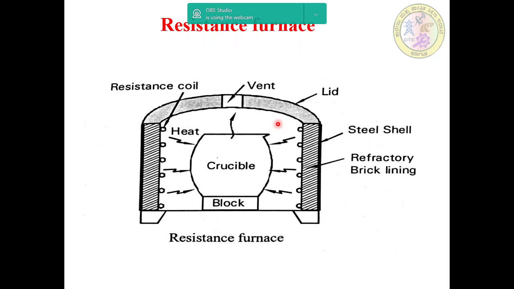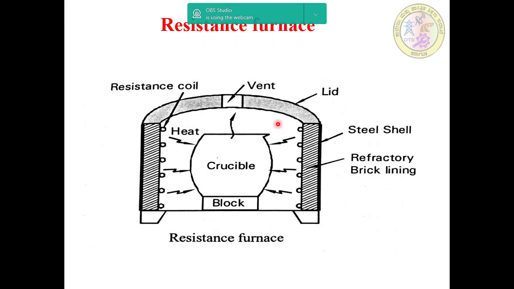Heating takes place due to the resistance offered by the coil material, on the principle of I squared R T. This type of furnace is normally used for melting some non-ferrous alloys.